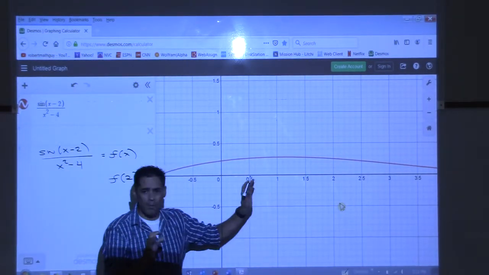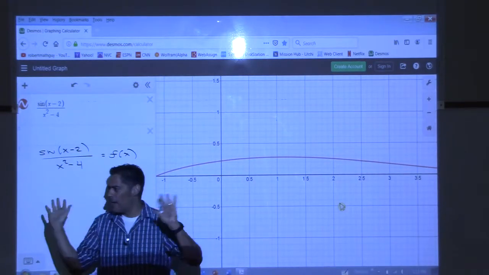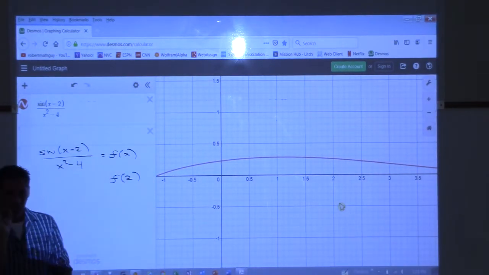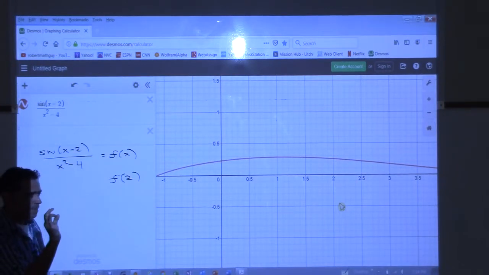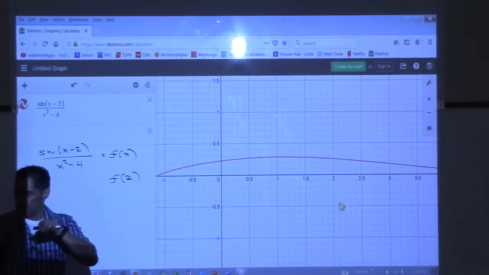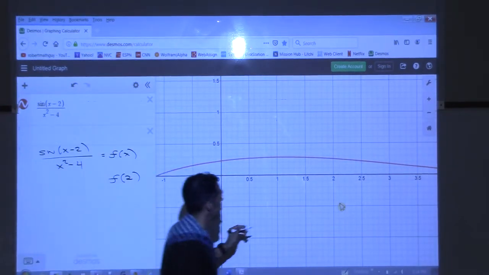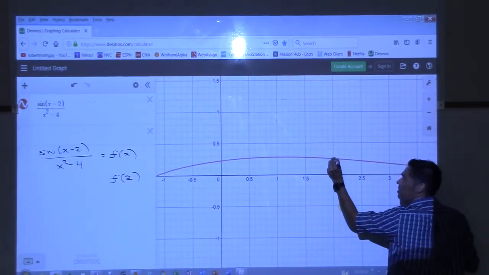Now, again, the computer doesn't show holes. No graphing calculator that I've ever seen in my life shows holes, all right? That's because all the calculator does is plug in a bunch of points and plot points. So you can't really see holes on graphing calculators. But there is a hole right here.